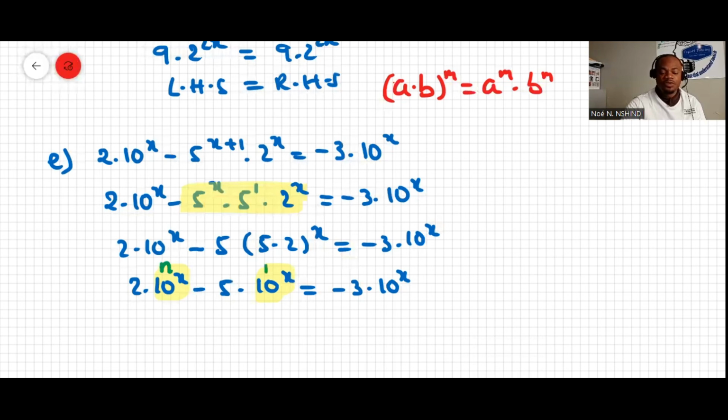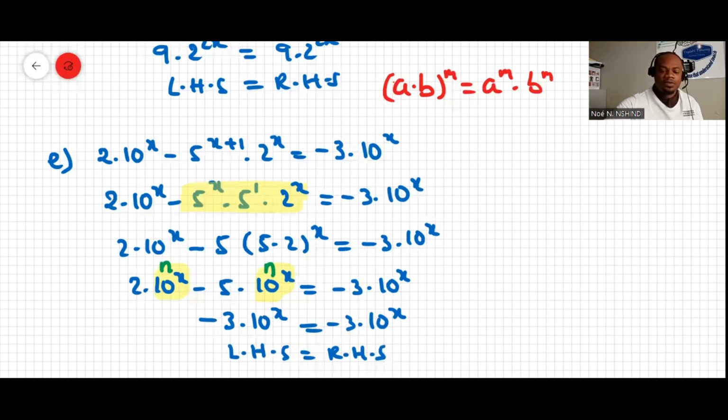Sometimes we can substitute even n, and then say to yourself 2n minus 5n is how much? It's going to be negative 3n. So this is like negative 3 times 10 to the x, equal to negative 3 times 10 to the x. Now we can prove that left-hand side is equal to right-hand side.